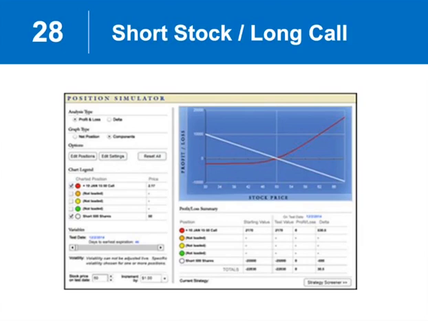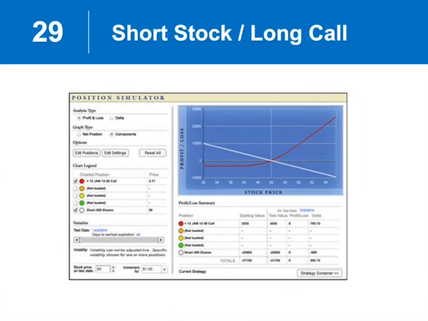But that's the beauty of using options, and a great area of potential fun trying to figure out what makes the most sense.